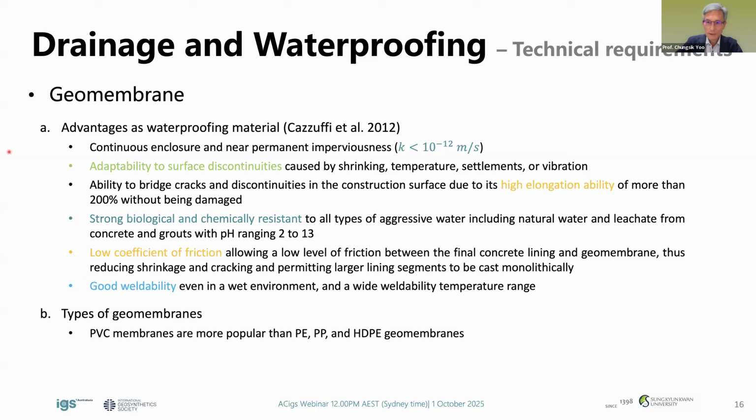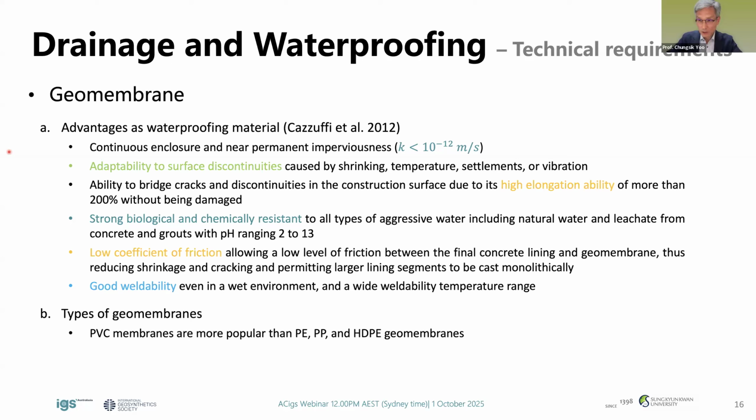So let's talk about geomembrane. Okay. As I mentioned before, geomembranes is basically used as a barrier to keep water out of the tunnel, just like any other application, just like in landfill. Well, as highlighted by our past president, Daniele Kazufi, a geomembrane is just right product for this purpose for tunnels, as it forms a continuous and almost completely waterproof enclosure due to its very low permeability.